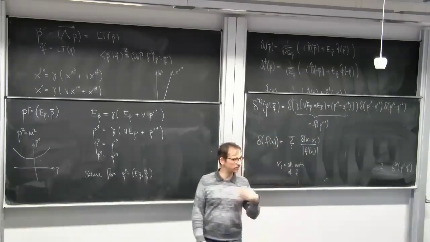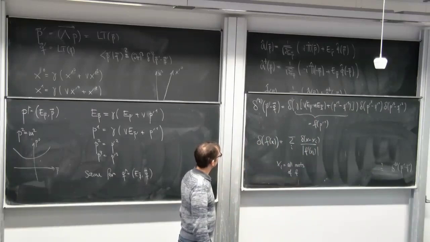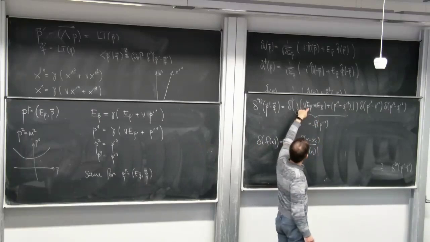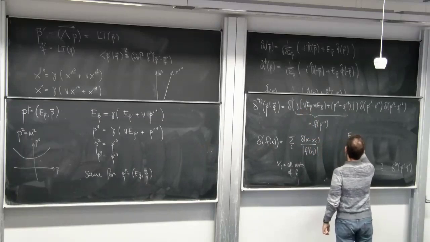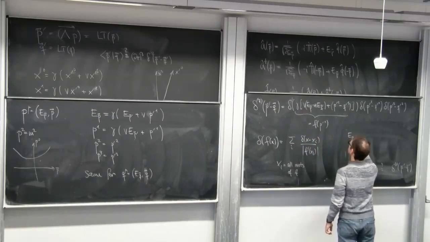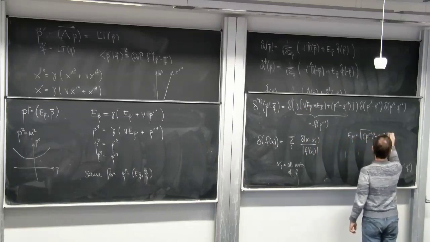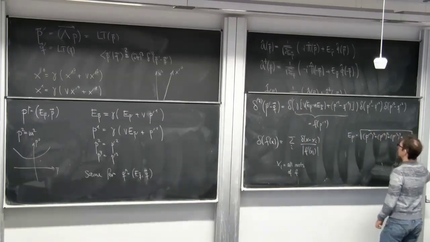And where are the roots? What's the value of P prime 1? The P1 is in there, hidden a lot. The energy E of P is the square root of P prime 1 squared plus P prime 2 squared plus P prime 3 squared plus m squared.